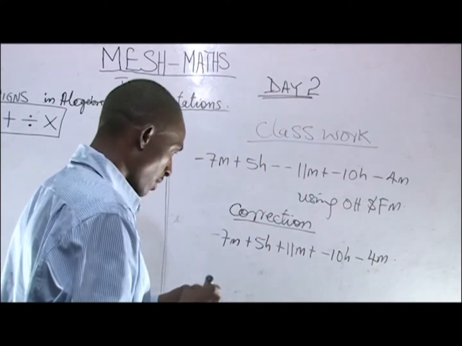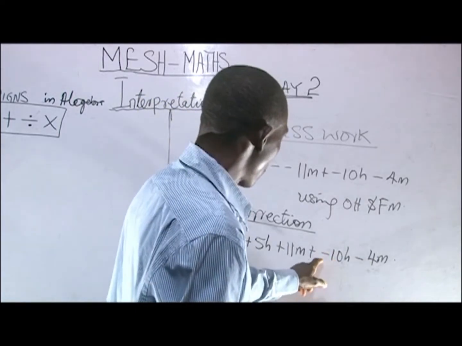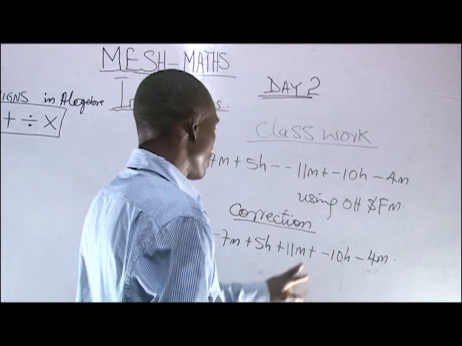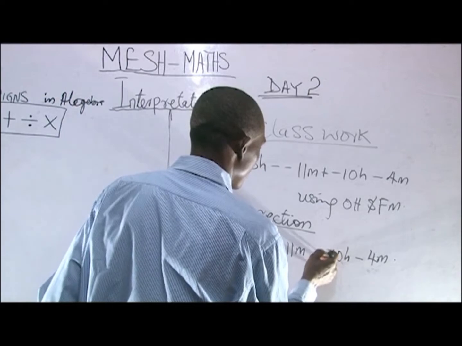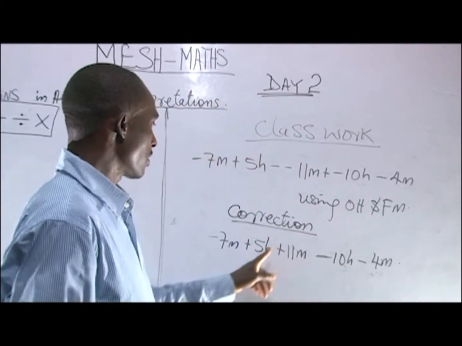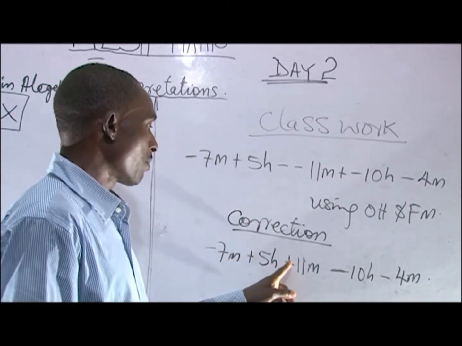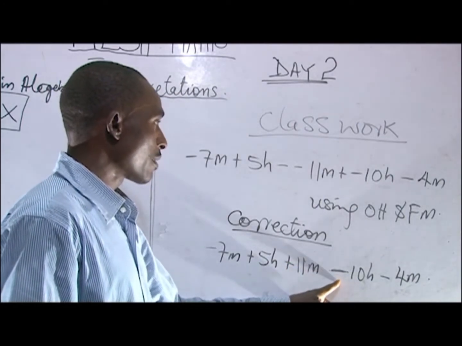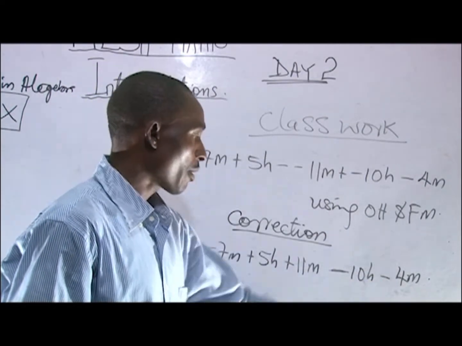That's for that. So the signs are separated. Oh, sorry, what happened here? It's minus that is there. Okay. Minus 7m plus 5h plus 11m minus 10h minus 4m.